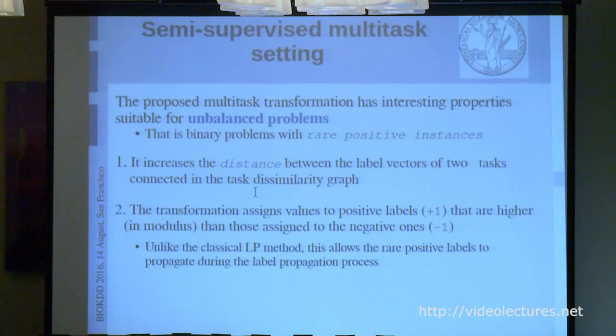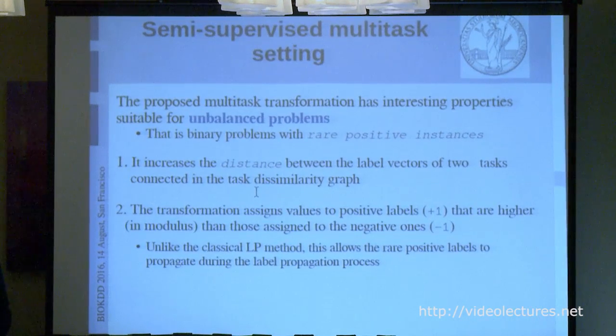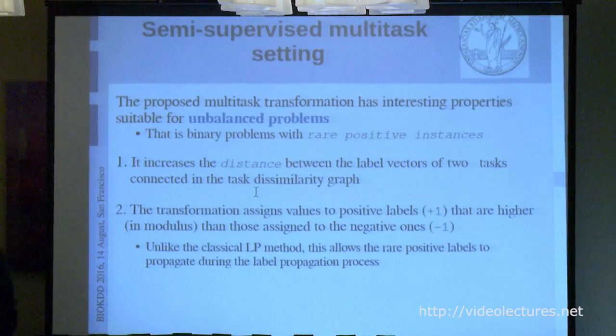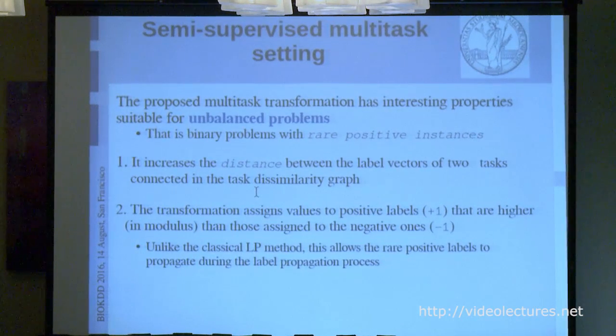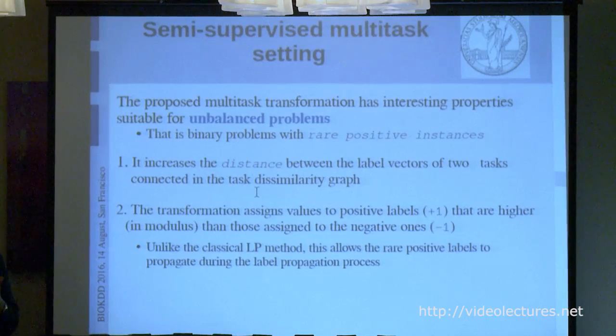The first one is that this kind of map increases the distance between dissimilar tasks, between the labelings associated to dissimilar tasks. If we consider the columns of the matrix Y associated to two different tasks, and we compute their norm, for example, L2 norm, and then we apply our transformation and compute again the L2 norm between these two vectors, their L2 norm increased.